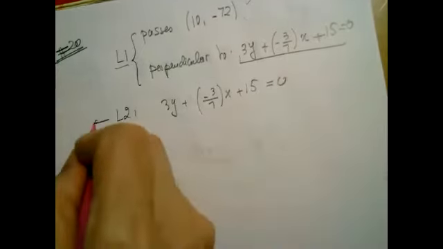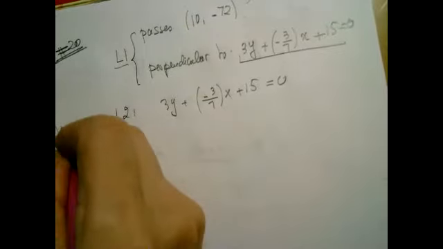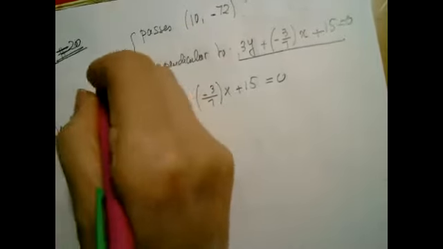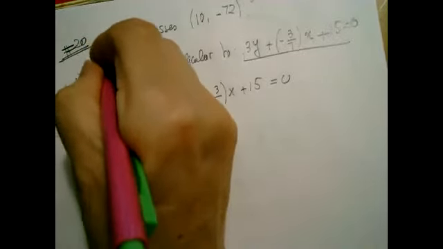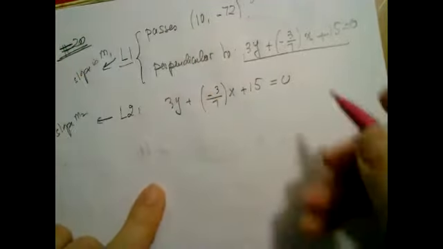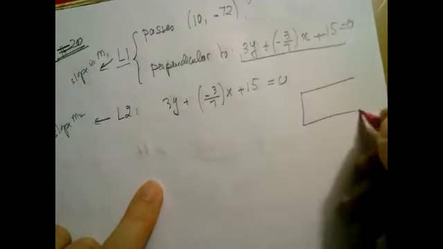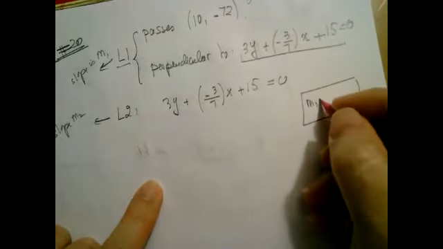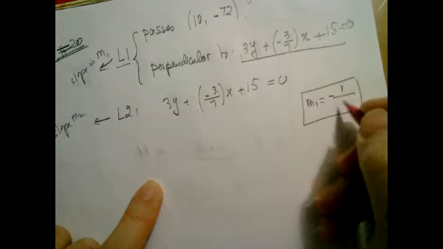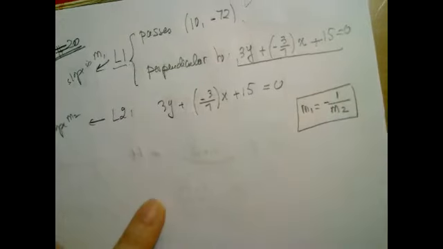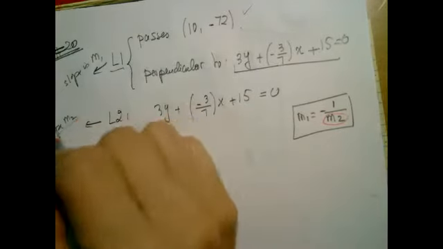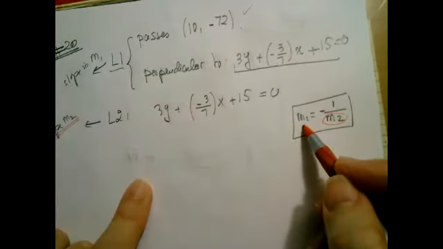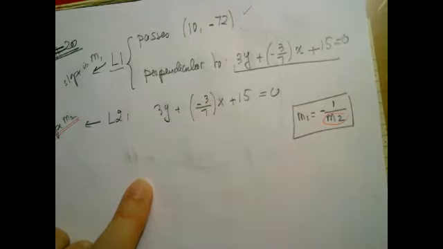If I call the slope M2, and I call the slope here M1, we know that the slope of my line is minus 1 over M2. So if I know the slope of the line L2, I can figure out the slope M1. That's really the idea.